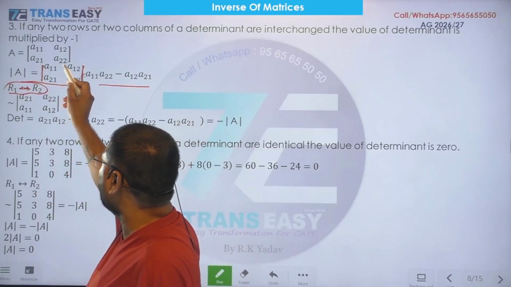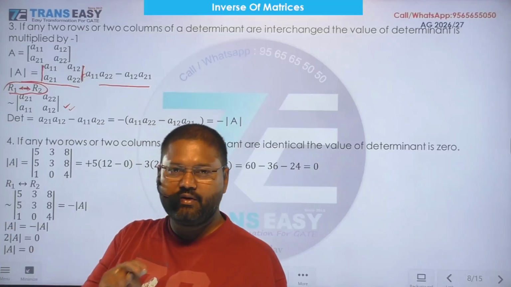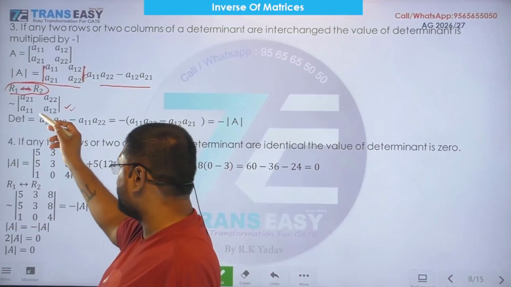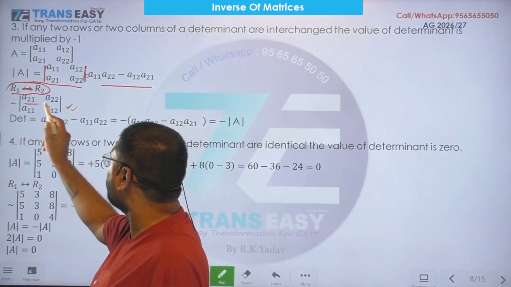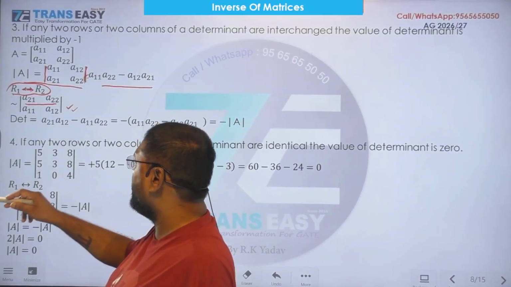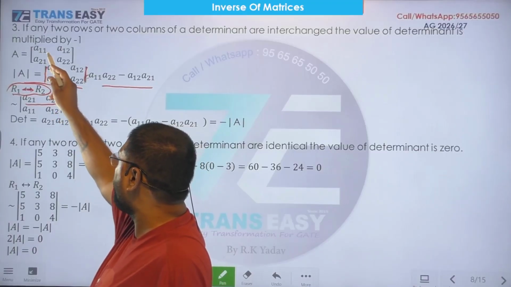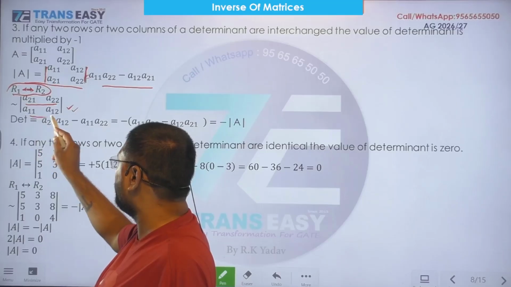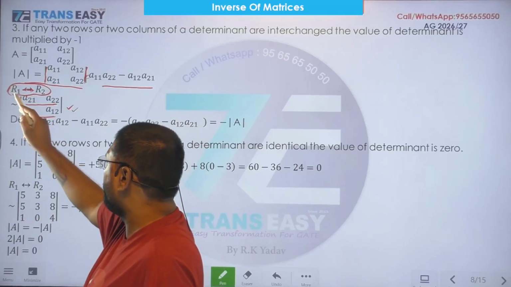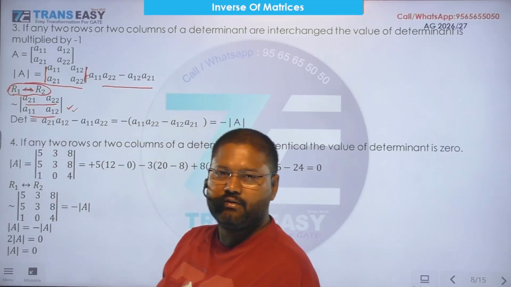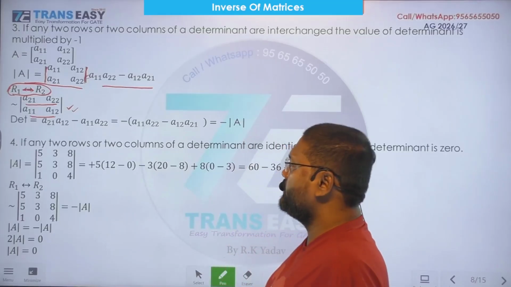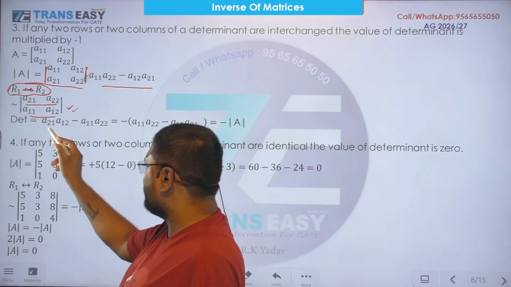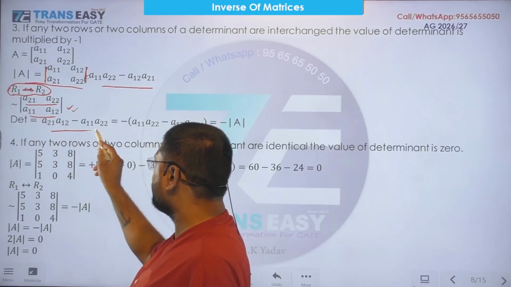A21 A22 second row and this becomes first row and first row becomes second row by imposing this transformation. So its value is this.